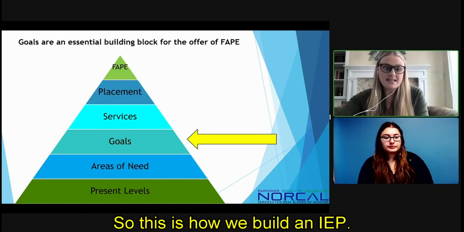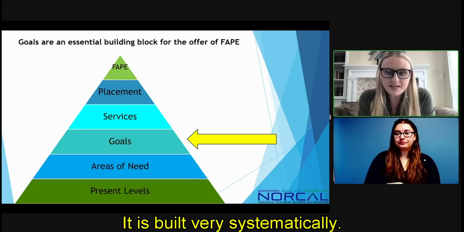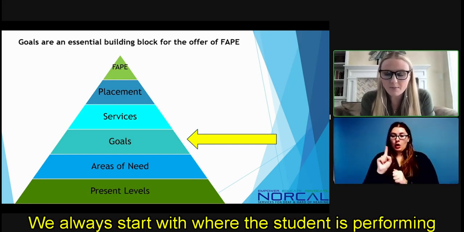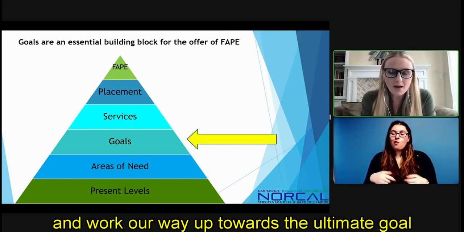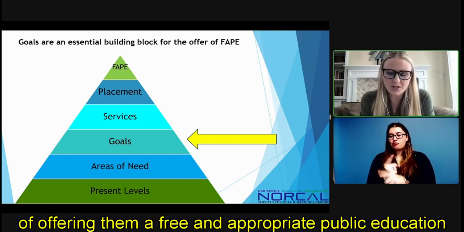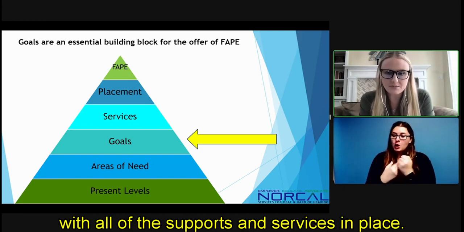So this is how we build an IEP. It is built very systematically. We always start with where the student is performing and work our way up towards the ultimate goal of offering them a free and appropriate public education with all of the supports and services in place.